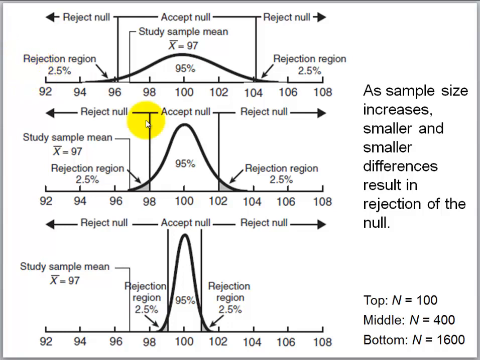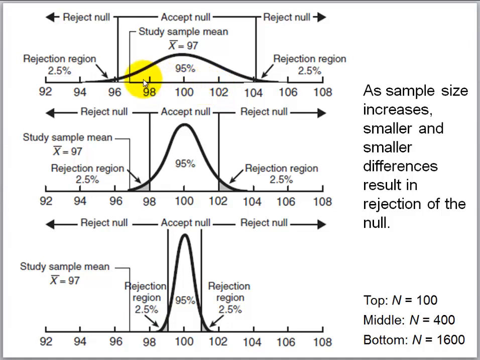Now in this distribution, the standard deviation of the sampling distribution approximately equals 2, and that's derived by taking the standard deviation in the sample and dividing by the square root of 100. So 20 divided by the square root of 100 yields 2.